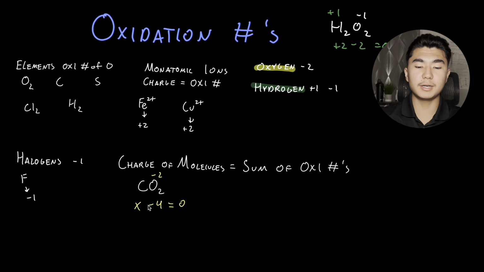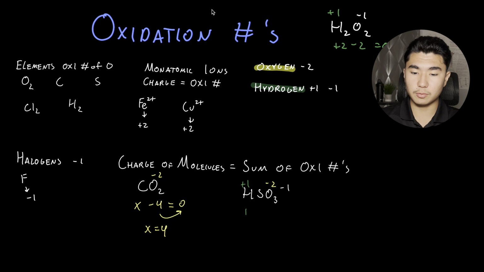Now, what if we were looking at a molecule like HSO3 -1? Well, obviously we have this charge over here, which is going to be the sum of our oxidation numbers, and we know right off the bat, oxygen is going to be -2, hydrogen is going to be a +1.